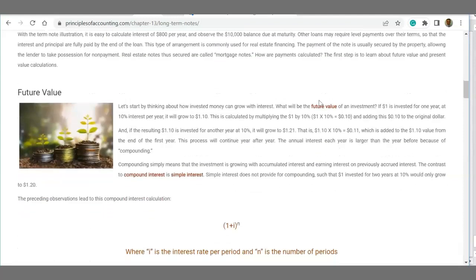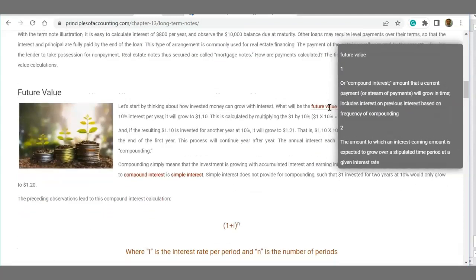So what is future value? Future value is the compound interest amount that a current payment or stream of payments will grow to over time, and it includes interest on previous interest based on the frequency of compounding. Compounding is very important. How many times is it going to be compounded?